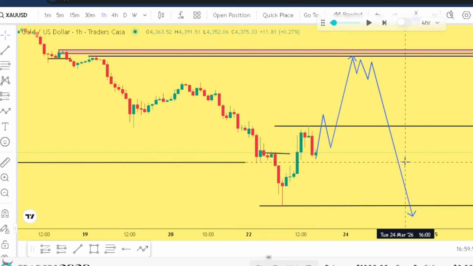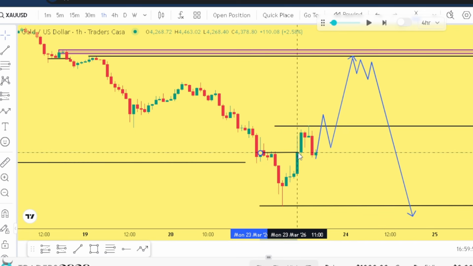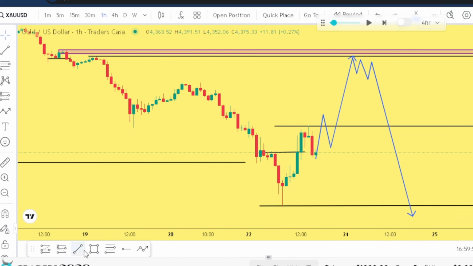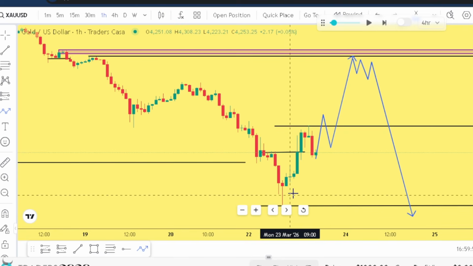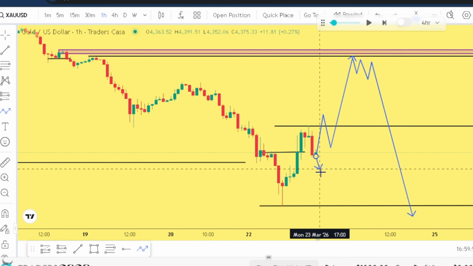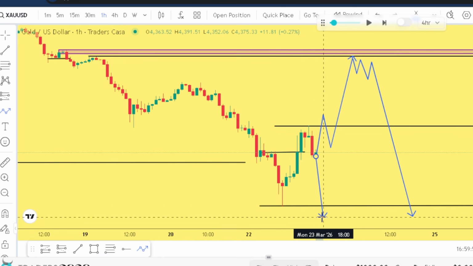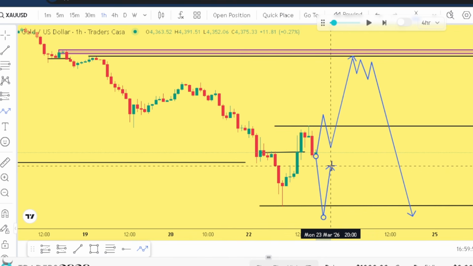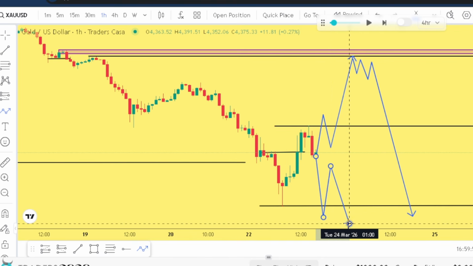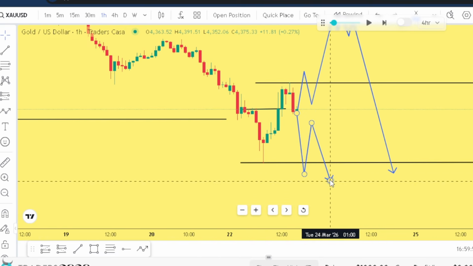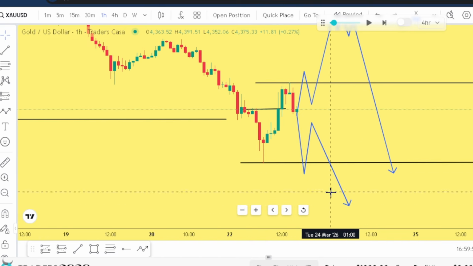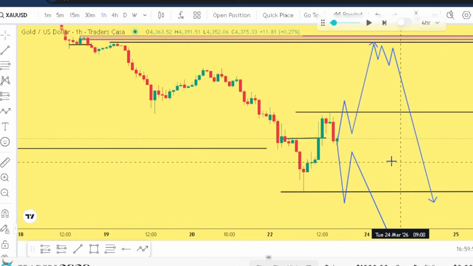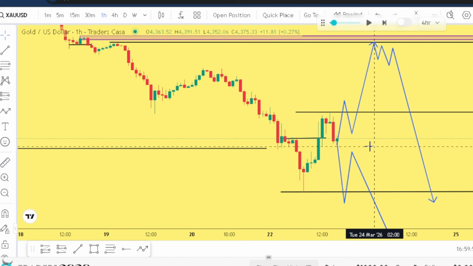Okay, but in the scenario that we don't get a break of that high, if price now decides to take our lows right here, if this price comes, takes out this low, then we will need price to pull back into premium, and then we continue to the downside. Okay, so those are the two only possible outcomes of price at this particular zone.